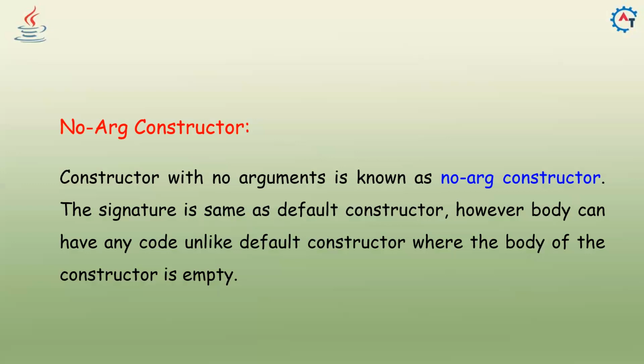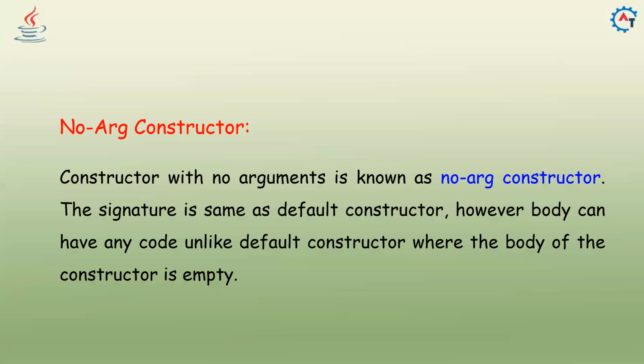The signature is the same as the default constructor. However, the body can have any code, unlike the default constructor, where the body of the constructor is empty. In the default constructor, you cannot even see where the constructor is, you did not even write it. But here you will write a constructor and inside that you will have some code, but it will not have any arguments.